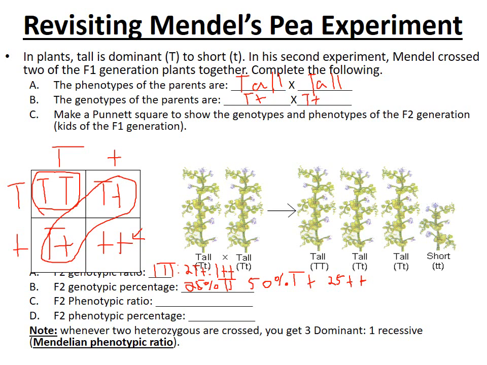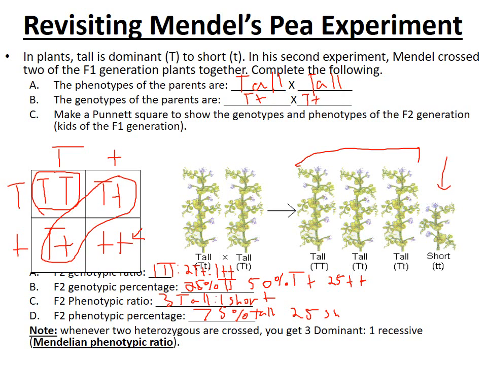The phenotypic ratio for the F2 generation, so we have 3 tall, which is our dominant trait, for every 1 short. And then our phenotypic percentage at 75% tall and 25% short.